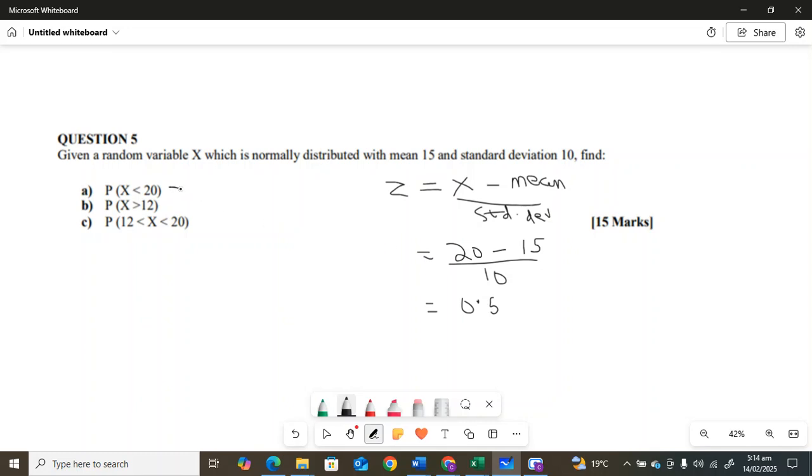So this transforms to P(Z less than 0.5).